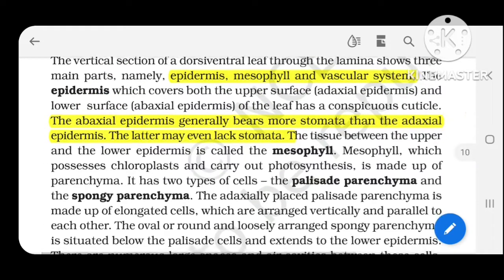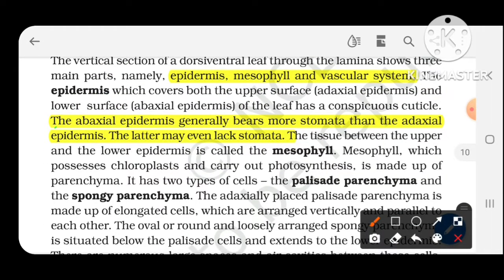So the important thing to keep in our mind is that the abaxial, means lower surface of the leaf, has more stomata in comparison to the upper surface of the leaf.